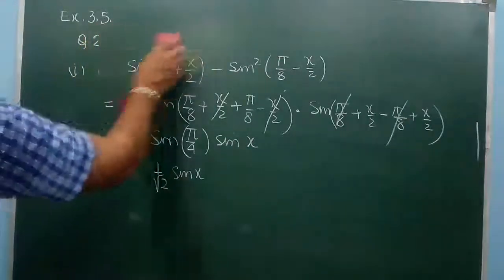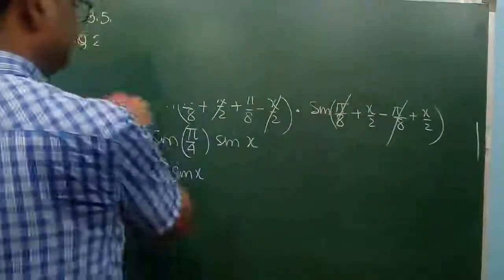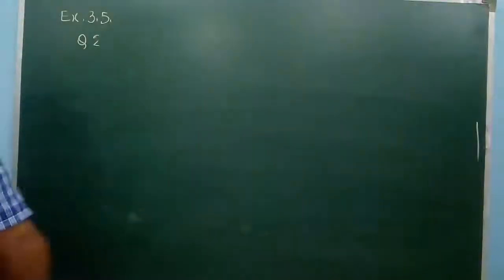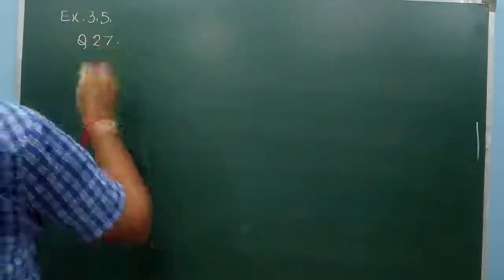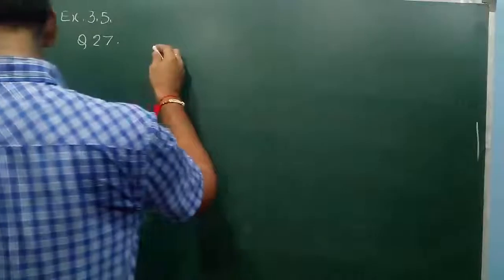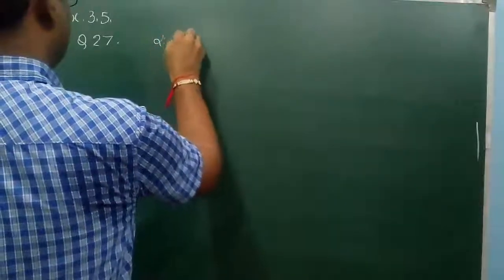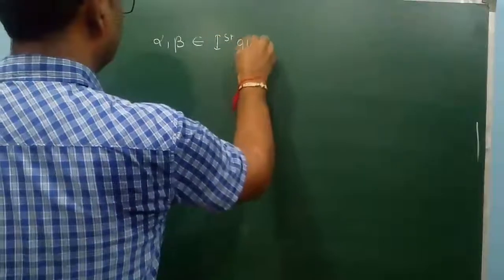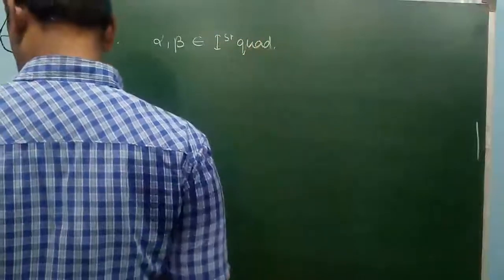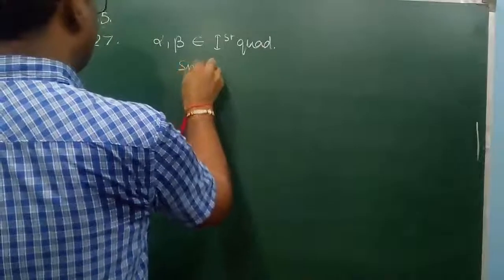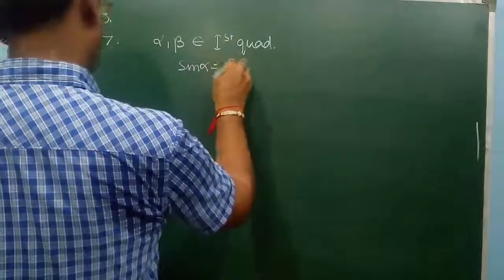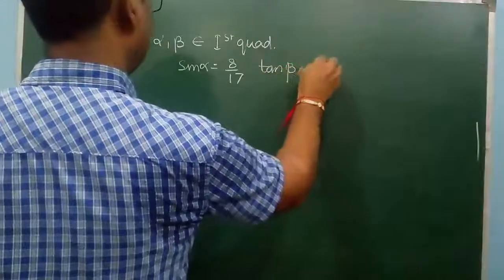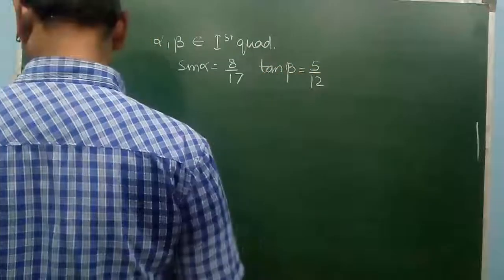Now comes the 27th question. What is there in 27th question? That alpha and beta belong to first quadrant, and sin alpha equal to 8 by 17 and tan beta equal to 5 by 12.